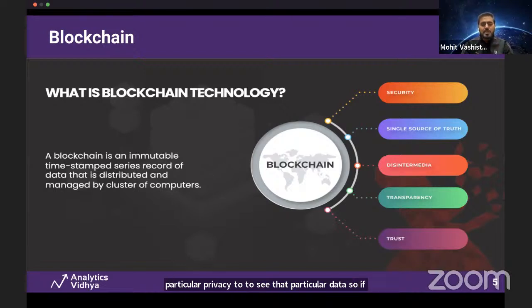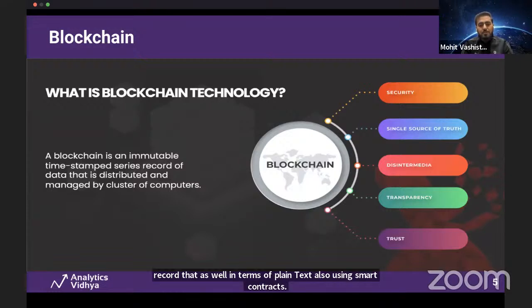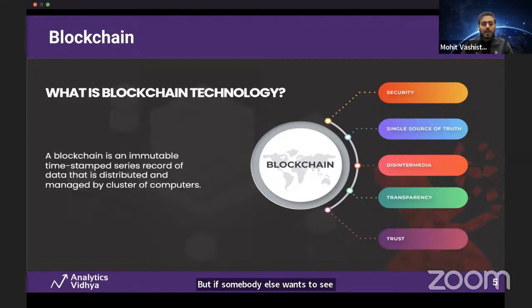If the transaction was done by me, I can see the data, and I can decode it in terms of plain text also using smart contracts. But if somebody else wants to see the data and they don't have the permission, they will have to have a private key to see that data. If they have permission, or if the data is public, they can simply see that.